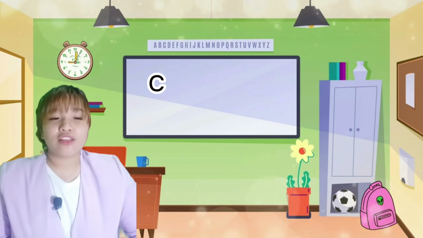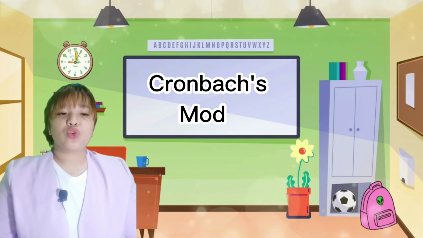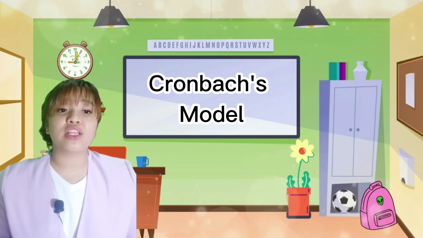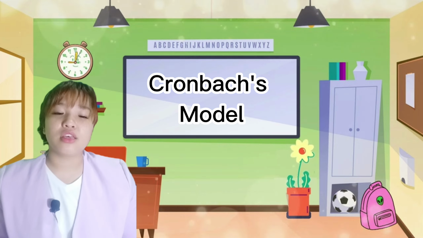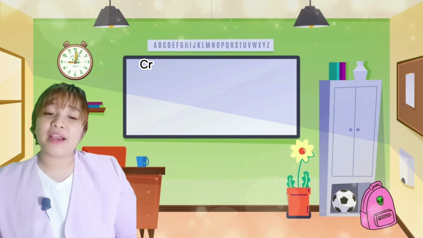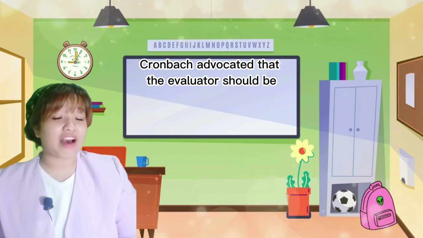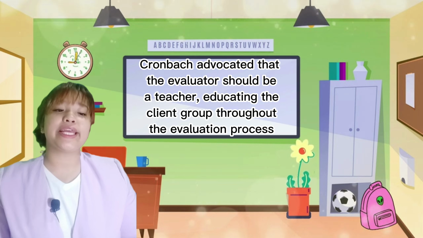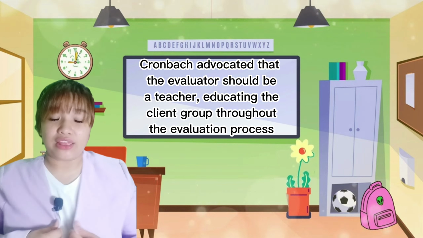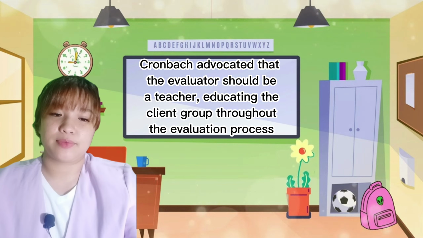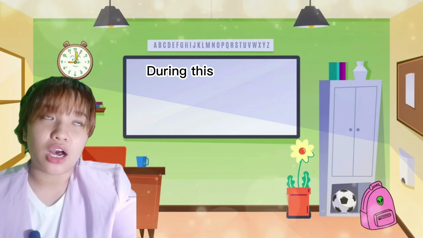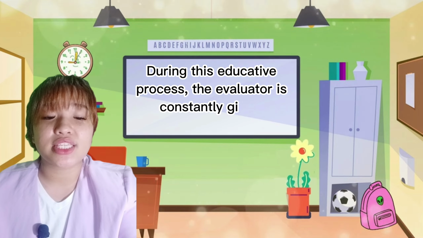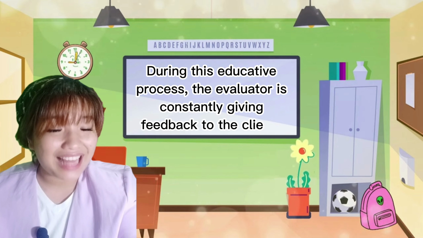We have the Cronbach model. He is a student of Tyler, also focused on the decision-making process. Cronbach advocated that the evaluator should be a teacher, educating the client group throughout the evaluation process. During this educative process, the evaluator is constantly giving feedback to the clients.